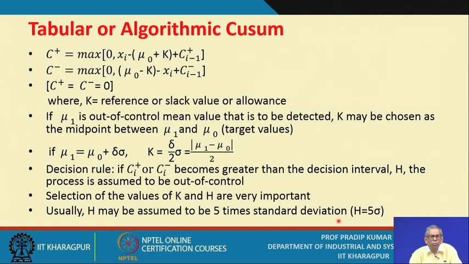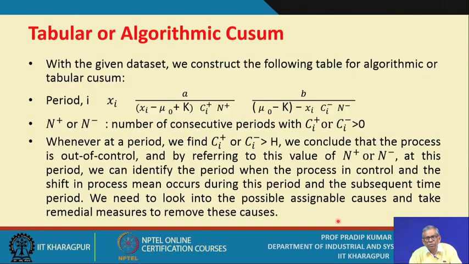So what we are assuming at this stage is that the sigma doesn't change. The sigma remains constant. That means you have taken adequate steps for controlling the variability, and that is the precondition always.